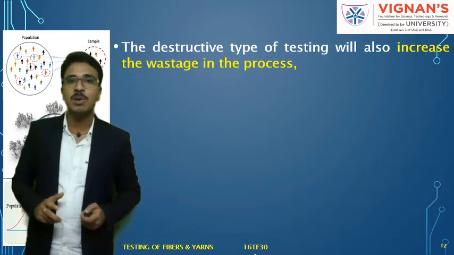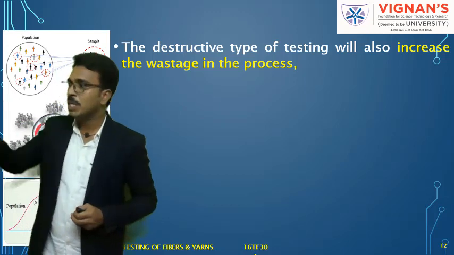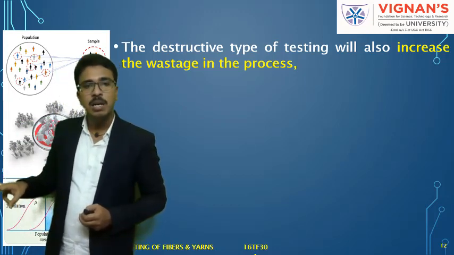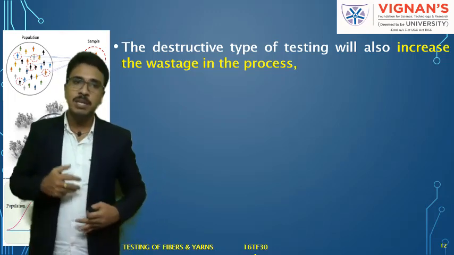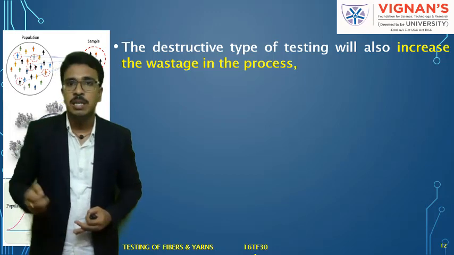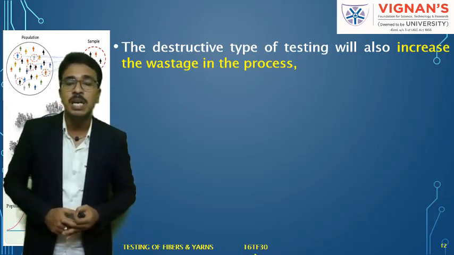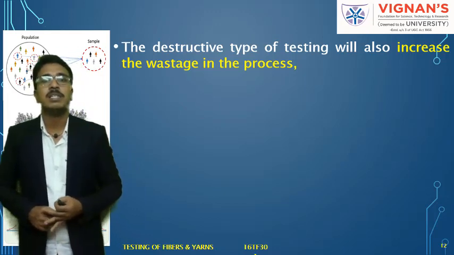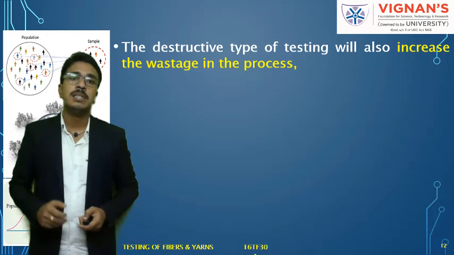After doing the sampling, we go for testing. Testing can be non-destructive type and destructive type. Say for example, strength measurement is a destructive test. The destructive type of testing will also increase the wastage.